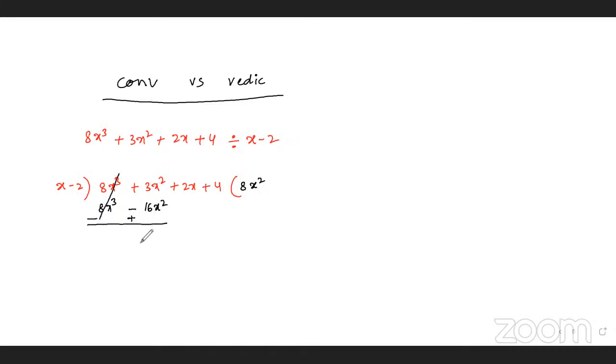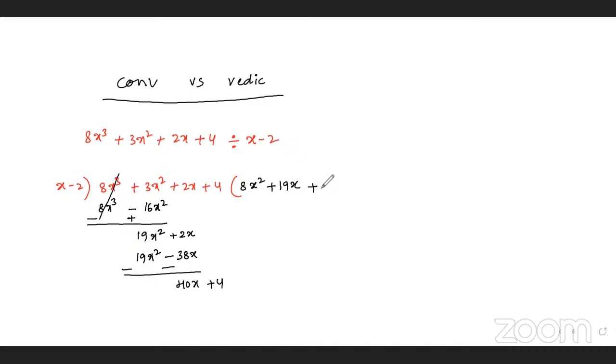After that, I will change the sign and cancel out everything. Then I'm getting here 19x square divided by this value, means 19x. Let me drop this value also. So 19x square, after that minus 38x. After changing the values, I got 40x here plus 4.